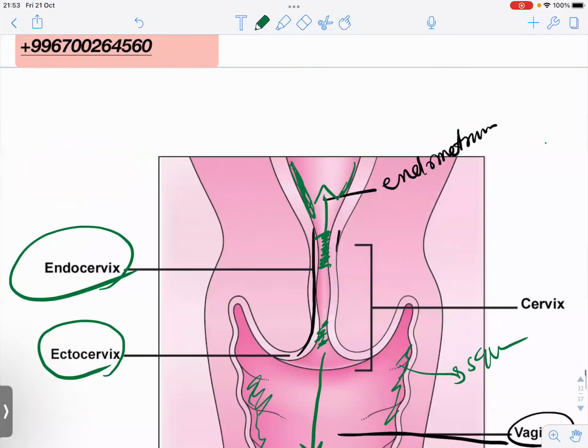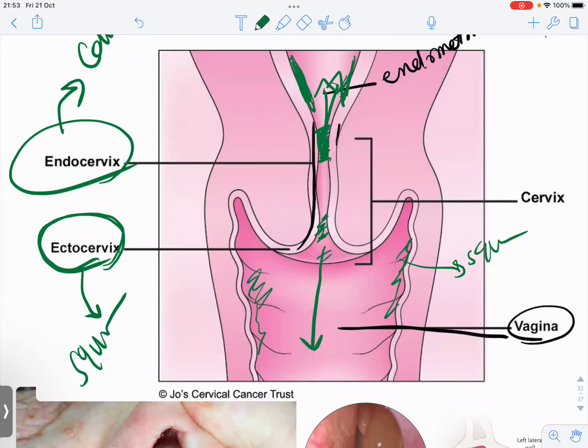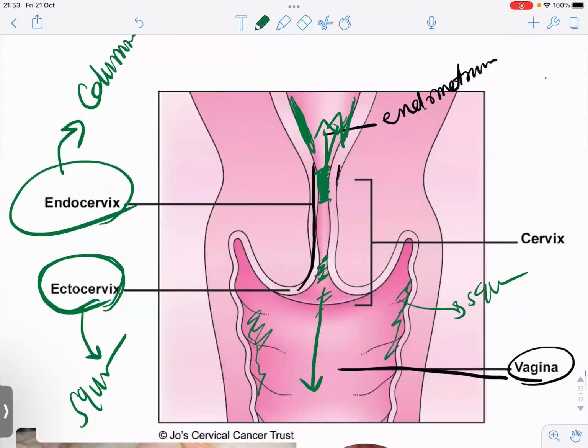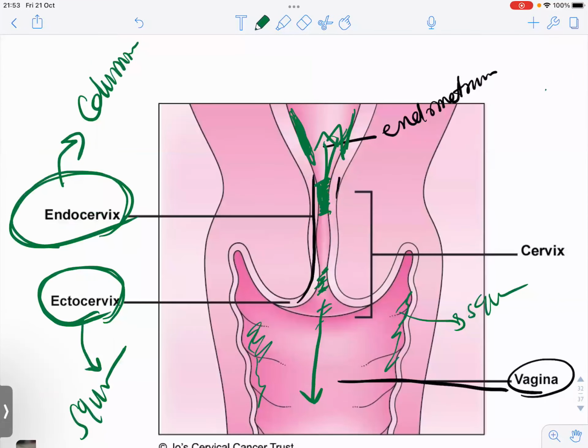So this epithelium must be secretory, and the endocervix is similar to the epithelium of the endometrium. So the endocervix has columnar epithelium, and the exocervix has squamous epithelium. The exocervix has squamous epithelium to face the outer environment, and the endocervix has columnar epithelium to secrete nutrients for sperm.